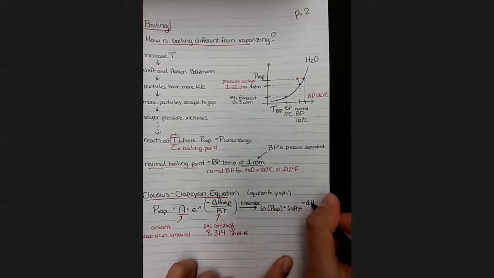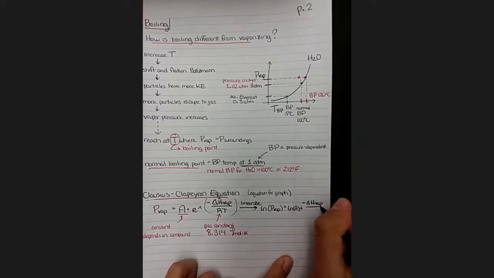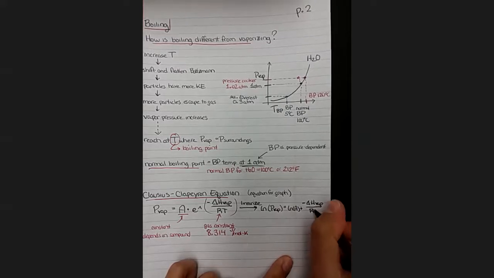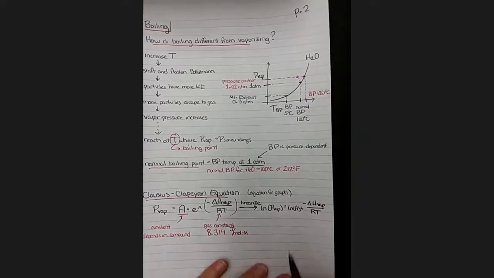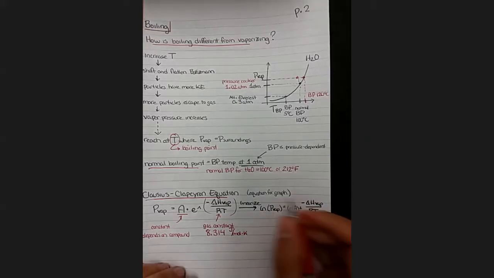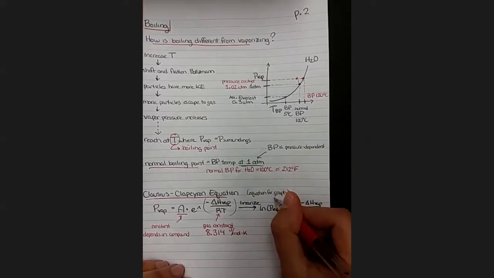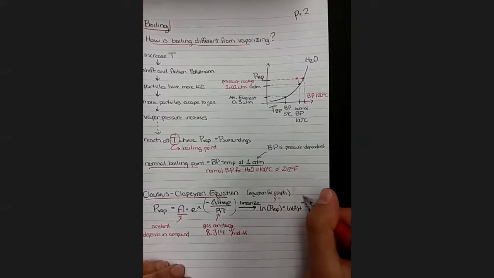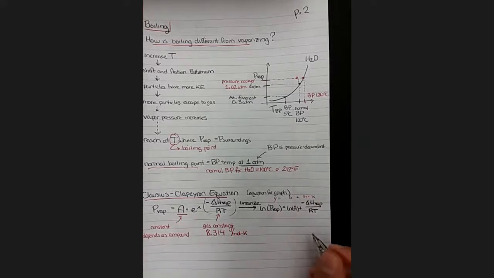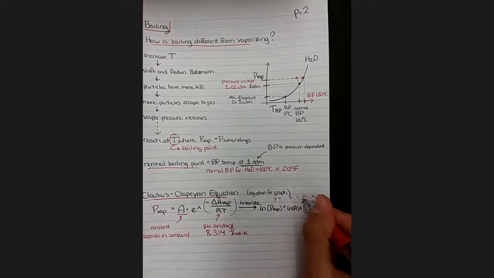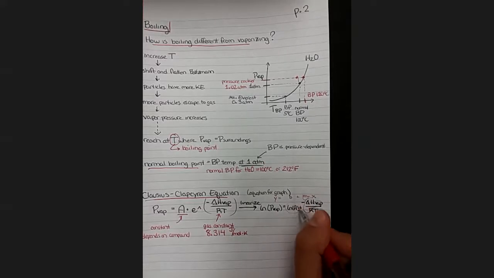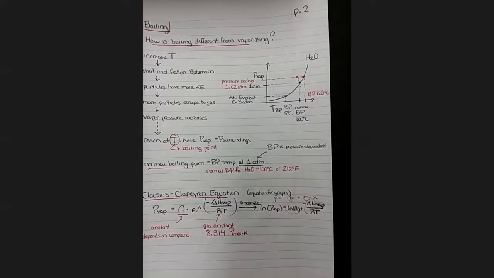So negative enthalpy of vaporization over RT comes out by itself. So now this is going to look like a familiar structure. If you squint, it looks like y equals mx plus b. So in this form, we can really easily grab the slope of this equation, and we can really easily grab the intercept of the equation without even having to make the plot.